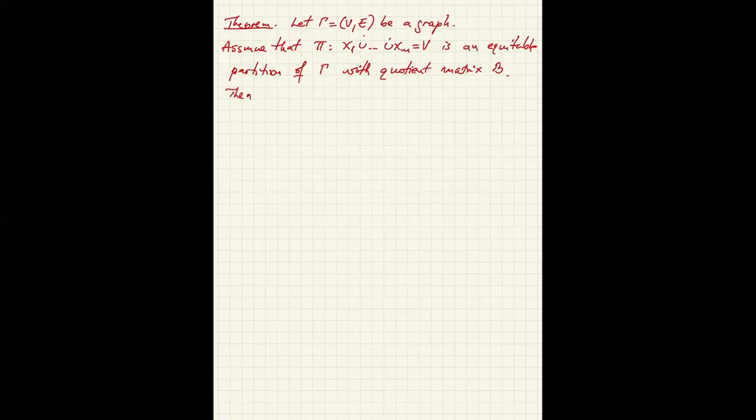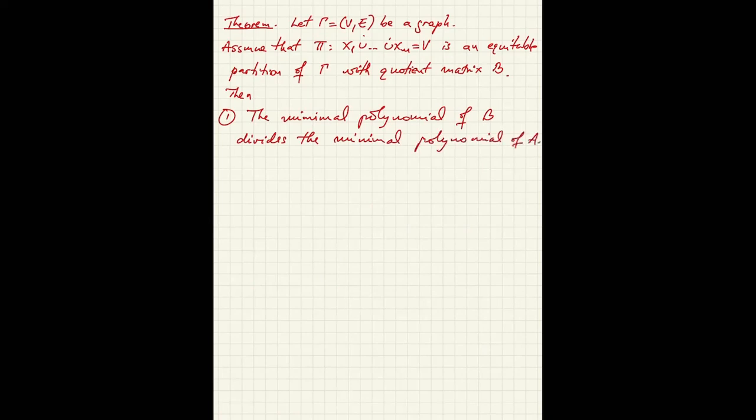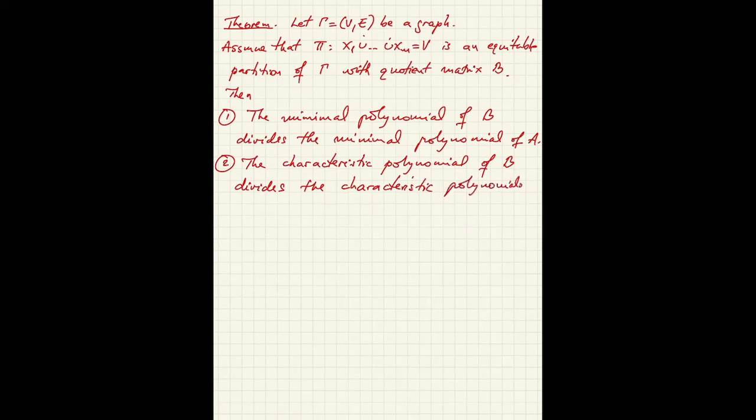Then two things will happen, and we'll prove them here. One, the minimal polynomial of B divides the minimal polynomial of A. And actually something stronger will happen: the characteristic polynomial of B divides the characteristic polynomial of A. We'll use the second part, the stronger part.